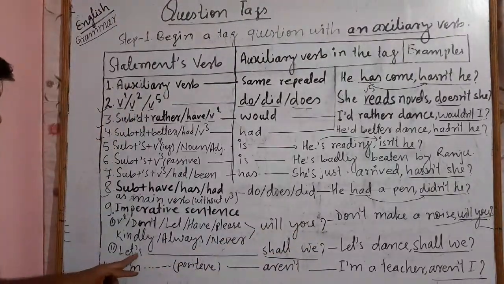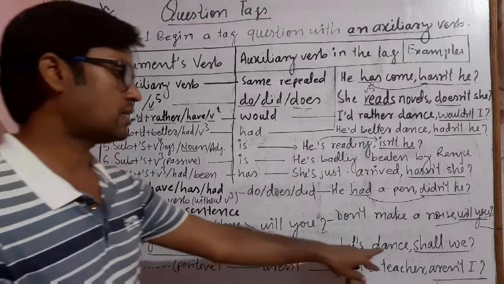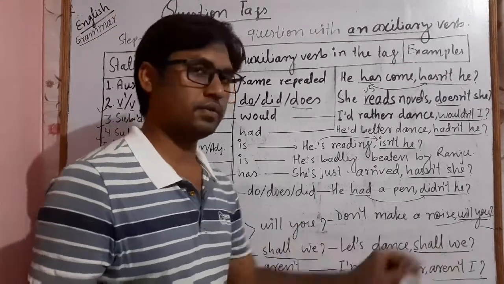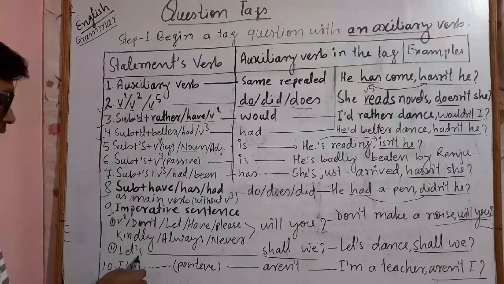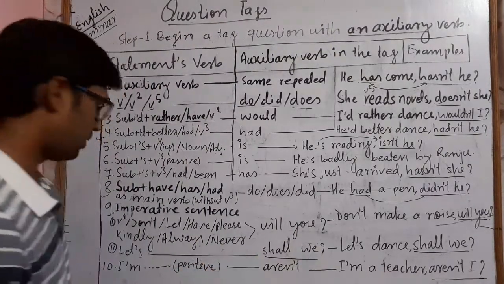Likewise, there is let's. You have to use shall we. Let's dance, shall we? You can remember it like this.